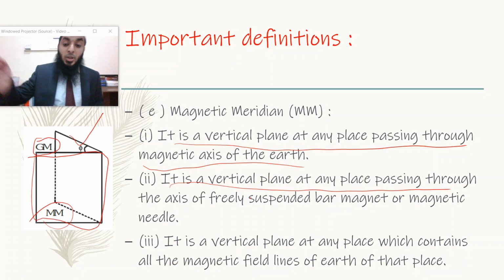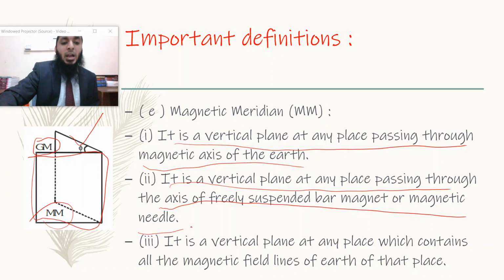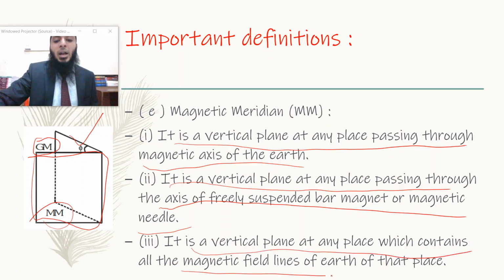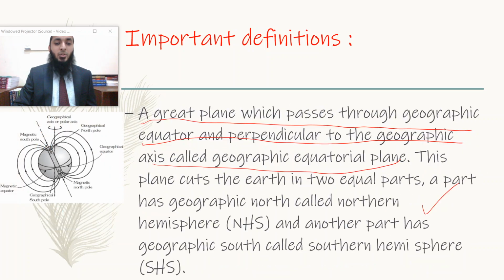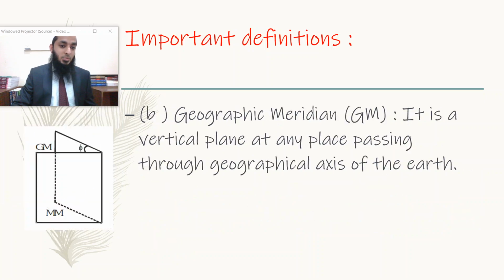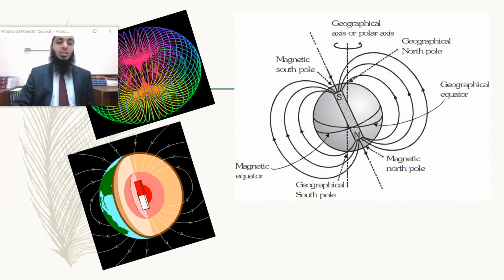So it is a vertical plane at any place passing through the axis of a freely suspended bar magnet or magnetic needle, and it is also the vertical plane at any place which contains all the magnetic field lines of the earth at that point. So that means, let's go back to the slide where I showed you the magnetic field lines, which was in the beginning somewhere. Yes, here.